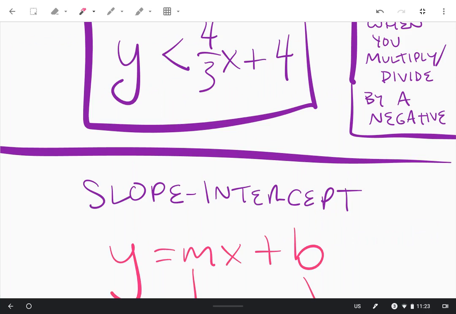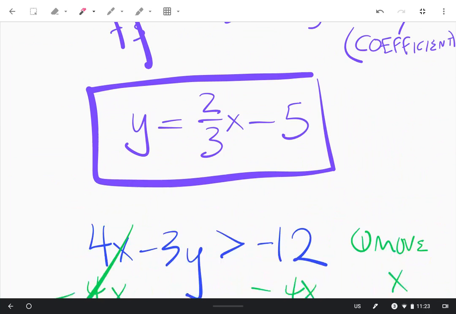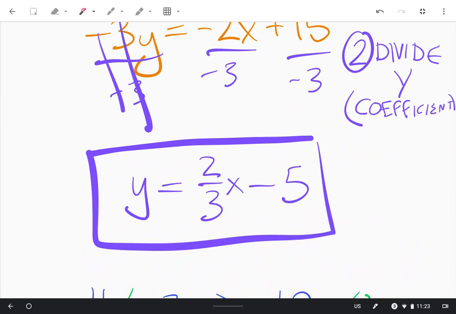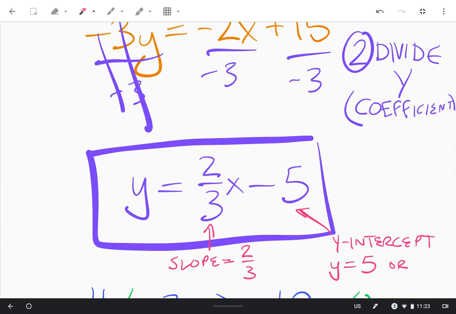So that means that if I go back up here and look at this equation, then this is my slope. Slope equals 2/3. And this is my y-intercept, 5. y equals 5. Or you could also write it as (0, 5).